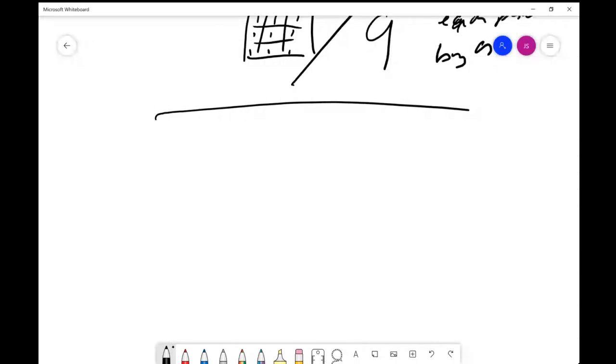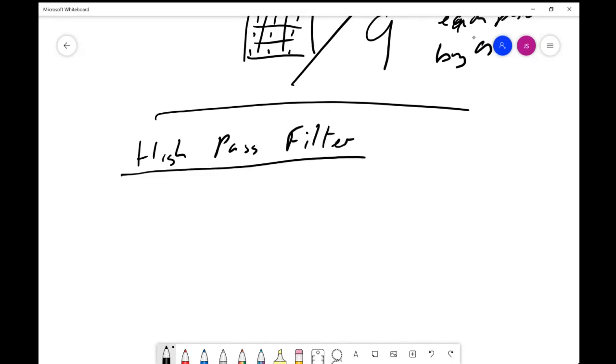The high-pass filter, at least the simplest one, which I gave you last week, is again a 3 by 3 window operator. Would anybody like to suggest to me what the coefficients are in the operator window?